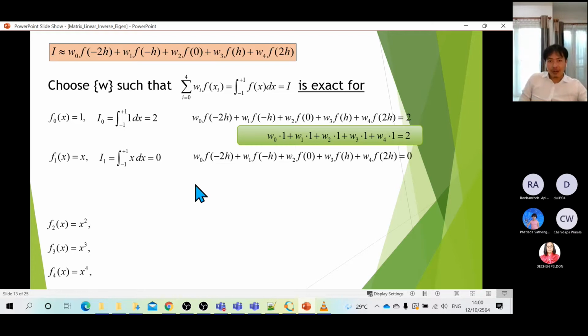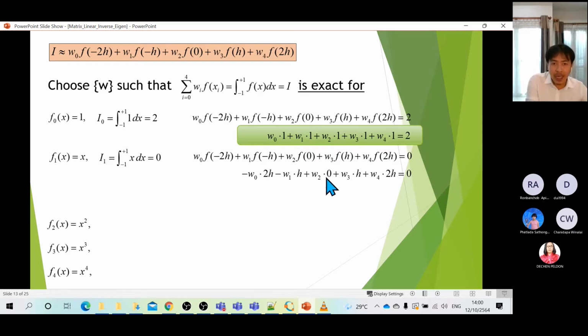I then again write down the form of the quadrature. I sample these points and then multiply by the weights. It should be 0, because the exact answer is 0 for this case. Now, when I sample this f1 function, what do I get?